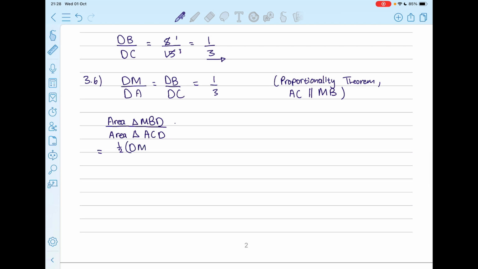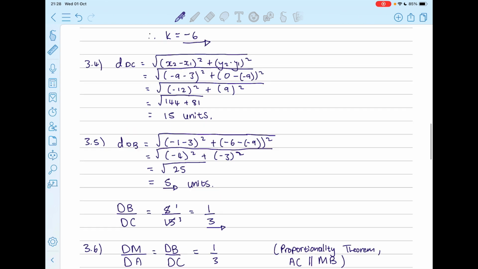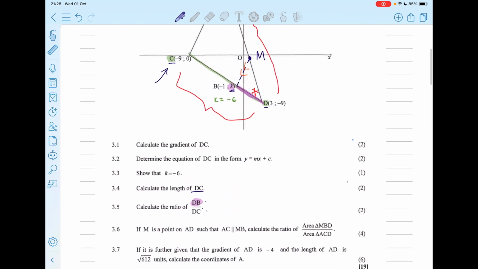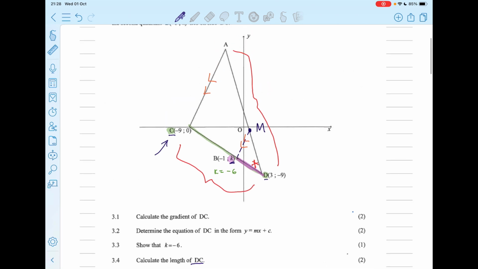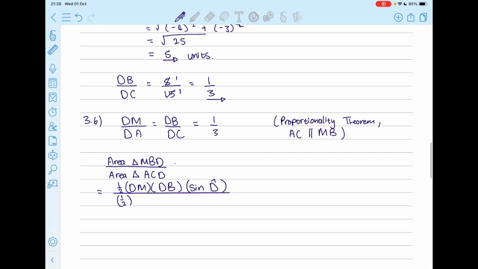So DM and side DB, sine angle D. And then we'll do the same with the bottom triangle. So now we're looking at side DC and side DA.